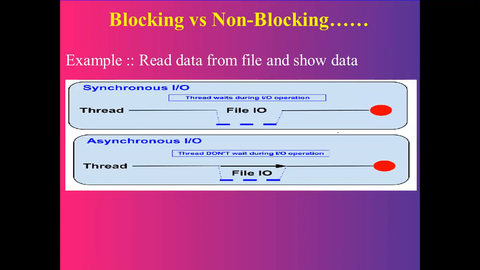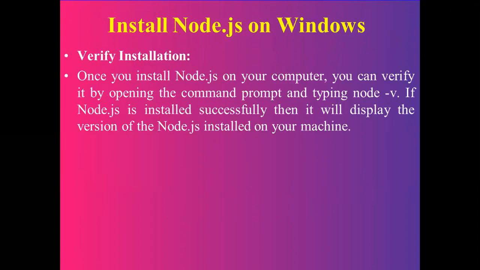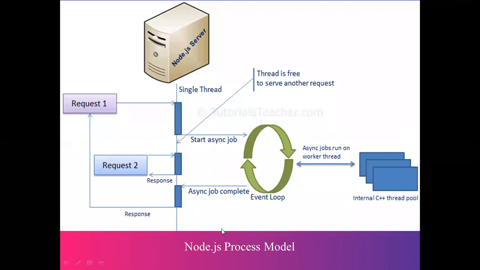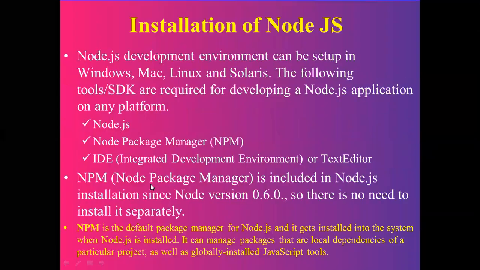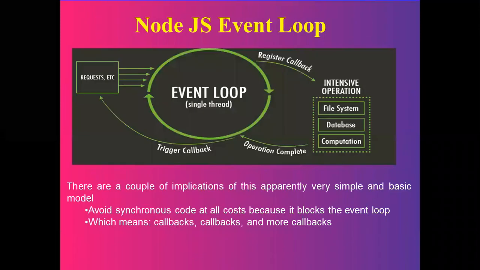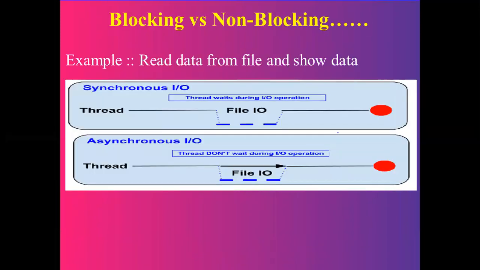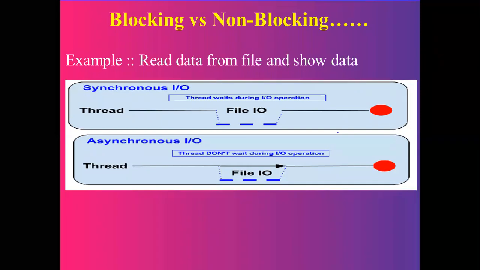So a request comes, and if that request needs any IO operations, it will perform them at the backend, trigger the event, and send the response to that request. Here you can see the first request comes to the thread, and at the backend it processes its IO operations while we proceed with the next request. This is the asynchronous IO operation. That means the thread doesn't have to wait for any IO operations.